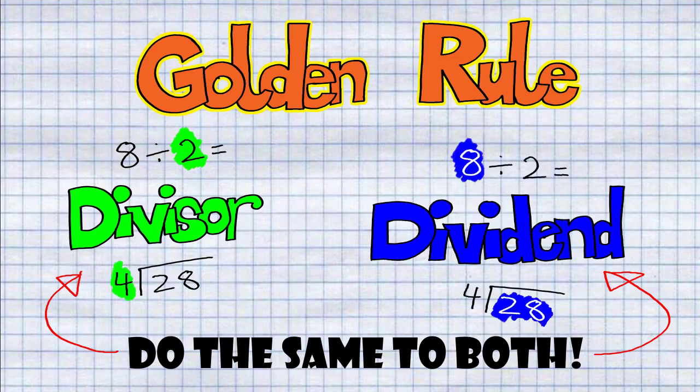Well, a dividend is the number that you're dividing into. So in our example here, 8 divided by 2, 8 is the dividend. And 4 into 28, 28 is a dividend. So whatever you did to the divisor to turn it into a whole number, you have to do to the dividend.